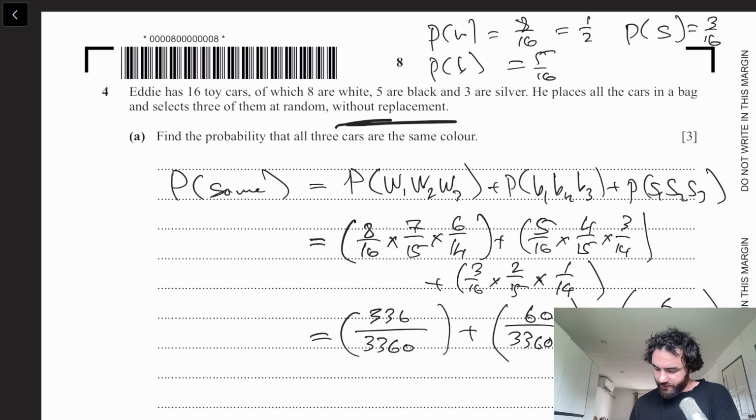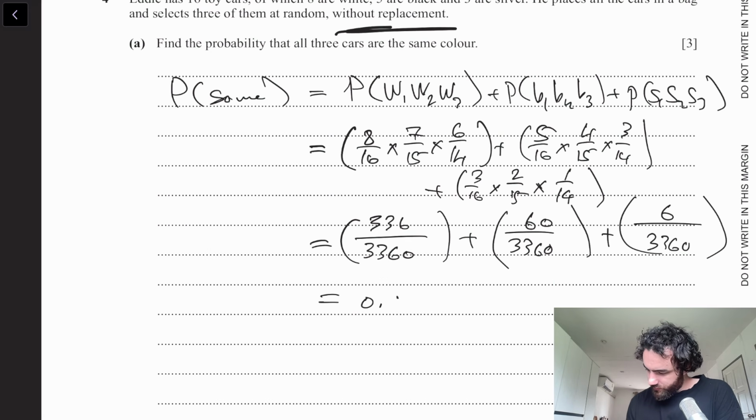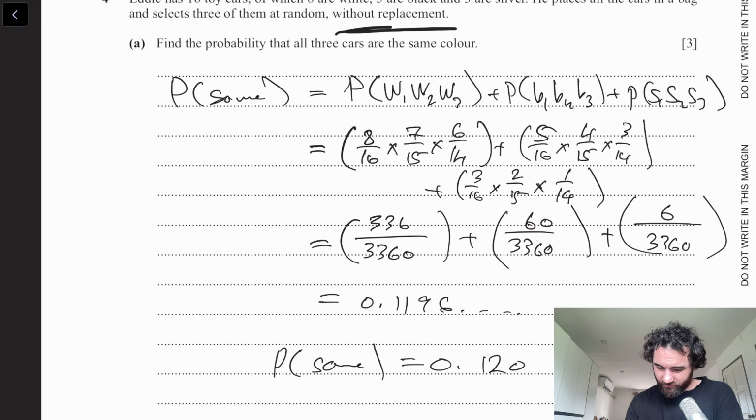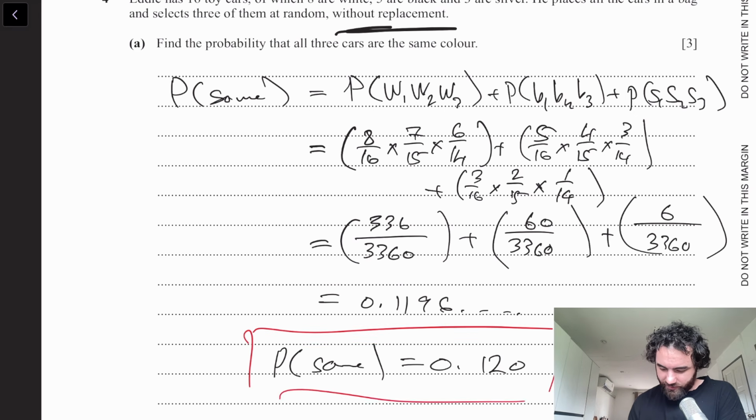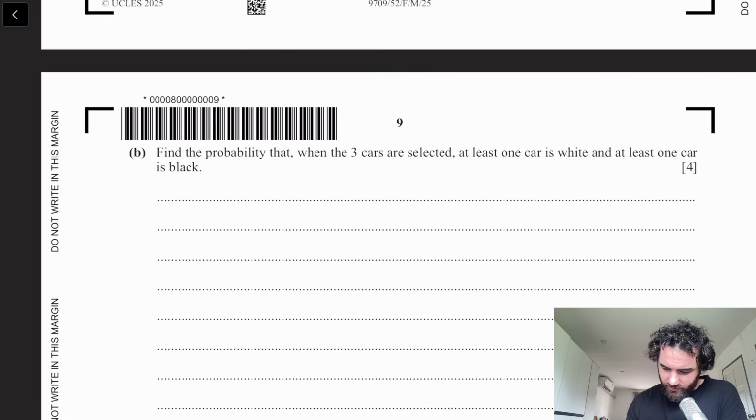So 6 plus 60 plus 336 divided by 3360. 0.1196 dot dot dot. So the probability all the same. So let's round it. 0.120. Again, I'm unsure about this rounding. I think that's right.